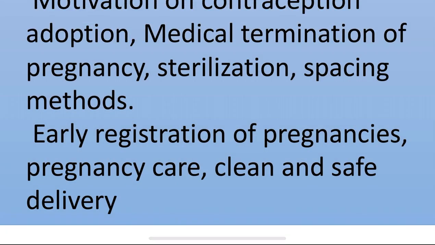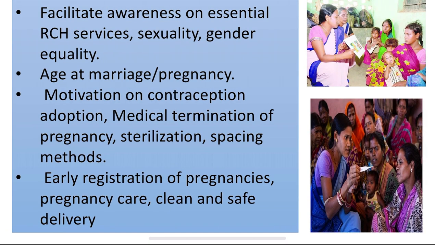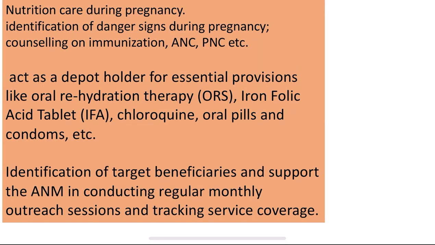So these are the services which are provided by the ASHA. She will tell the people about the age of marriage. She will educate them regarding the various spacing methods available, contraception methods, and then medical termination of pregnancy. And then if the pregnancy has occurred, early registration, the complete pregnancy care, safe and clean delivery.